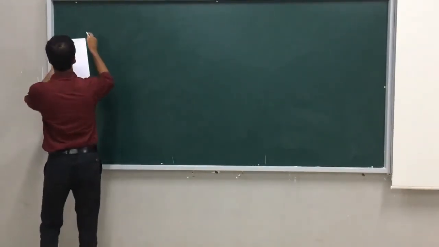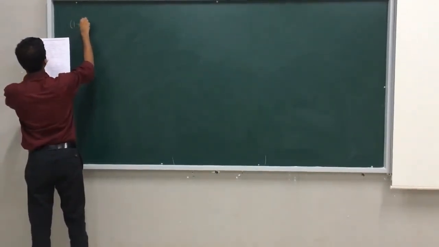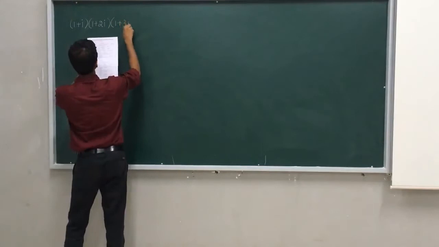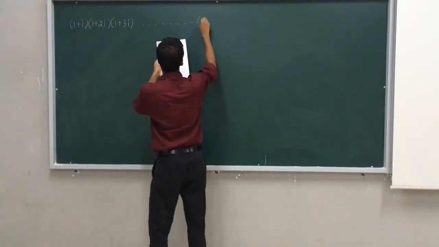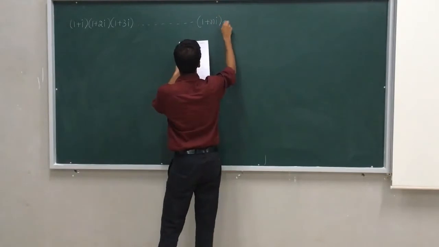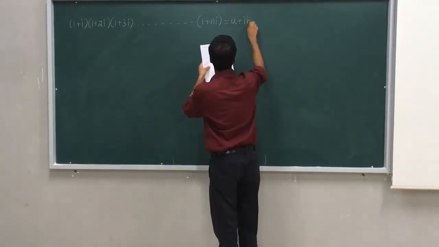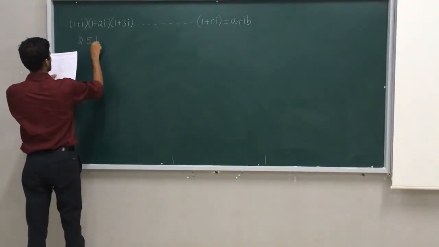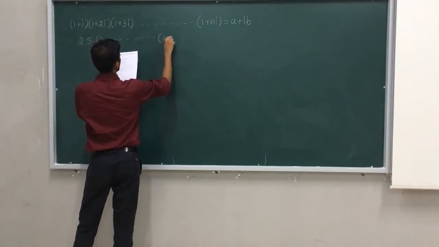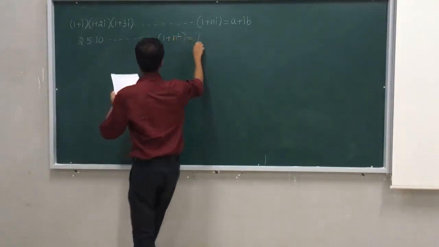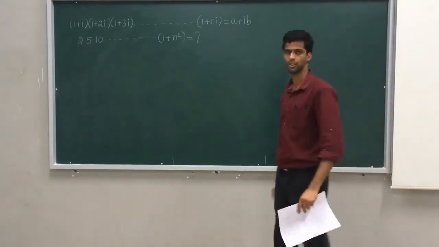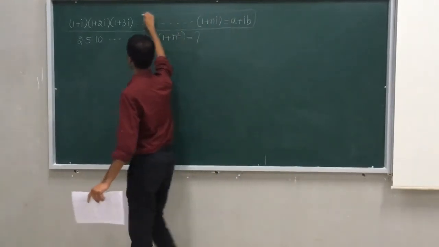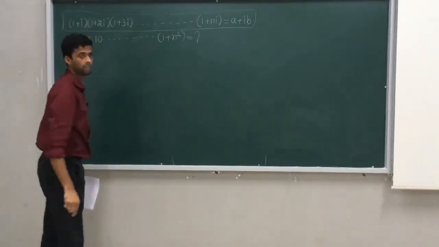What is given is, if (1 plus i)(1 plus 2i)(1 plus 3i) up to (1 plus ni) is equal to a plus ib, then what is the answer for 2 into 5 into 10 up to 1 plus n square? Very interesting. It's a JEE question. So they have given this expression, and with this expression we need to find the answer for this.